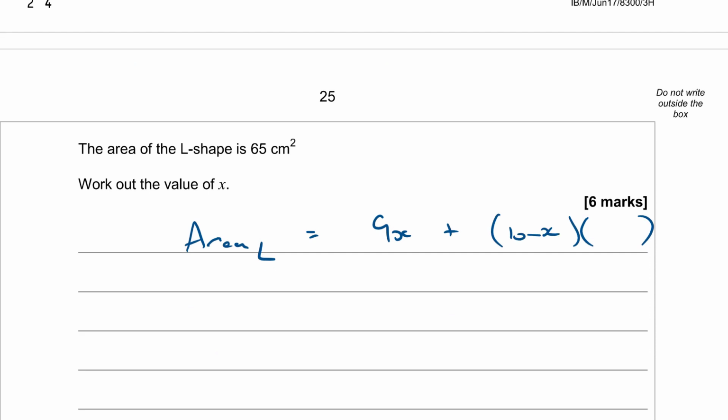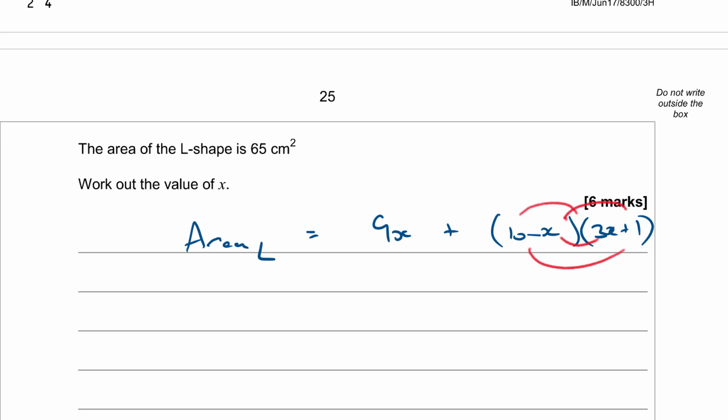Now I know that's equal to 65. So I suppose I just need to multiply out these two brackets, combine it with the 9x and the 65, and then we're going to have a quadratic that we can solve for x. So that's my plan of action.